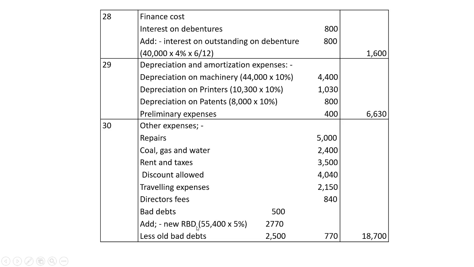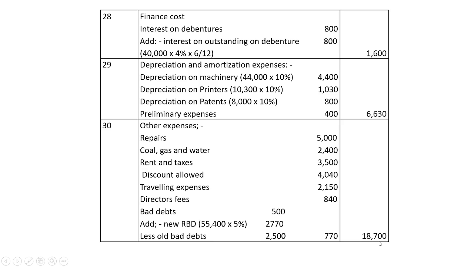So new reserve for bad debts we have to add. That is 55,400 into 5%, which gives 2,770. From these we have to less old reserve for bad debts, 2,500. The remaining balance is 770. The total of other expenses is 18,700.